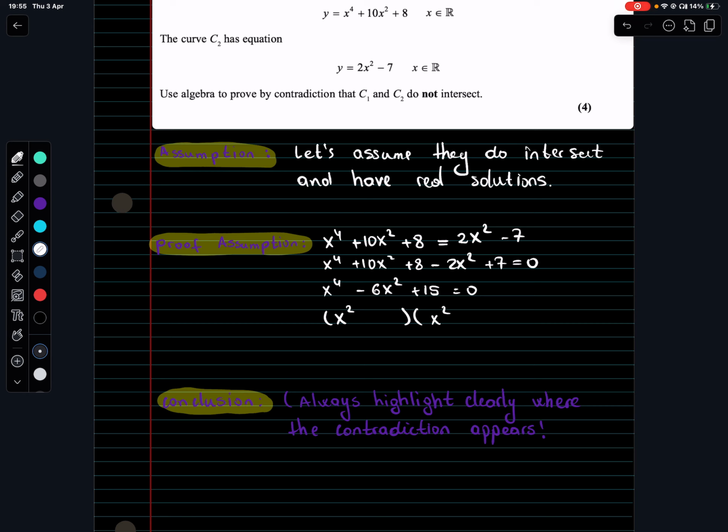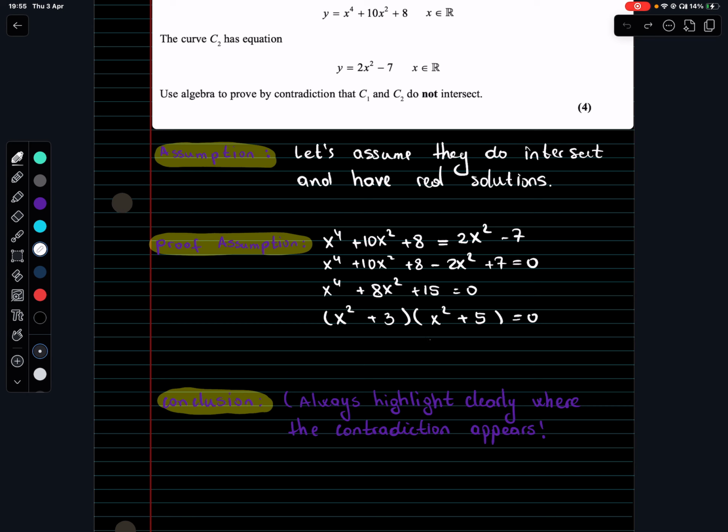Just thinking, what 2 numbers can I take... that's my mistake. It's not 6 here, it is actually a positive 8. That's my bad. It's a 10x squared and then a negative 2x squared, so the middle is 8, otherwise it doesn't work. So that's going to be 3 over here and 5 over here, which equals 0, and 5 times 3 is 15, and 5 plus 3 is 8.